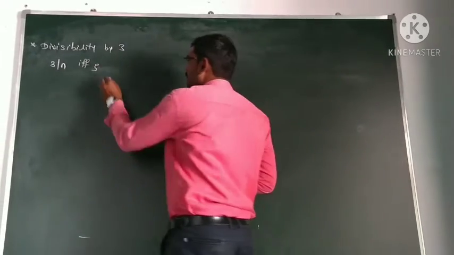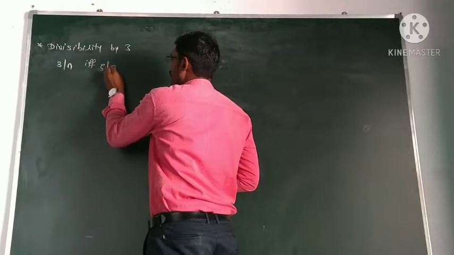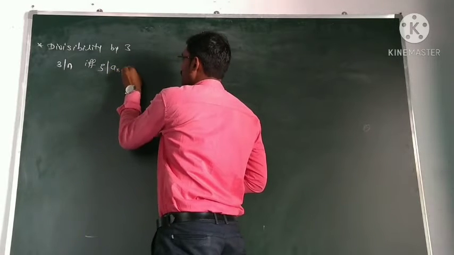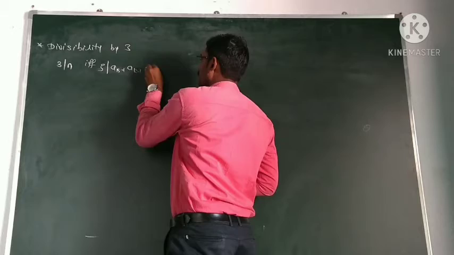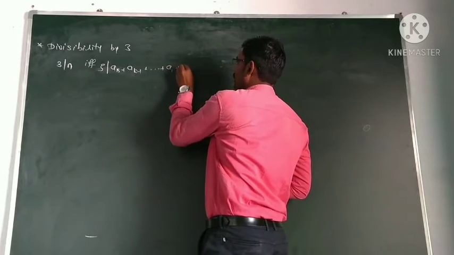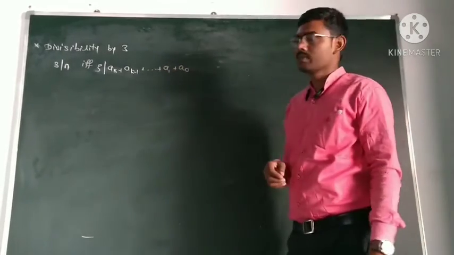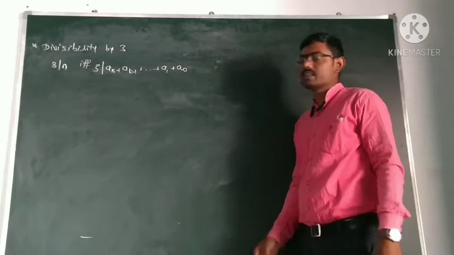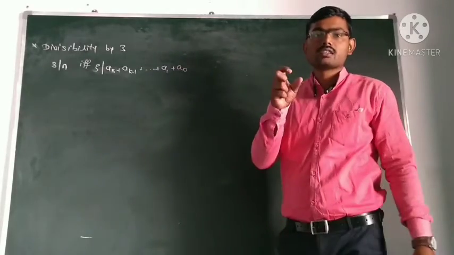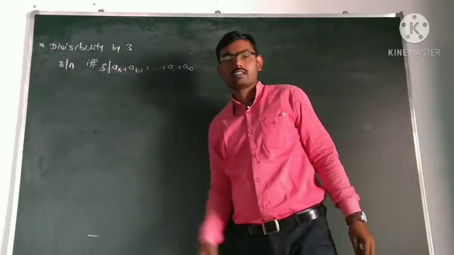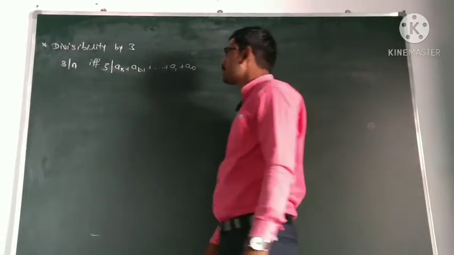That is, 3 divides the sum ak plus ak minus 1 up to a1 plus a0. This is the test of divisibility, that 3 divides a number if 3 divides the sum of digits in that number. So we will see the proof now.